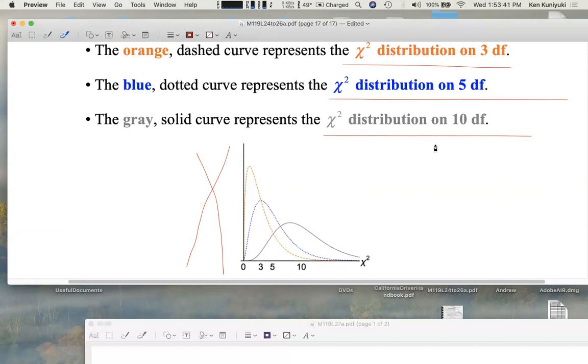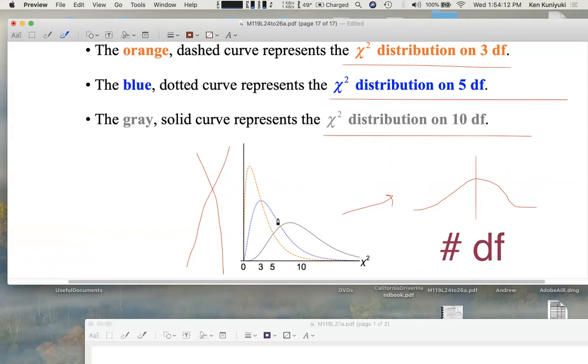You may be able to see that as the number of degrees of freedom increases, we're approaching more of a normal bell shape. But the mean cannot be at 0. In fact, the mean for a chi-square distribution is always at the number of degrees of freedom. So for example, if you have a chi-square distribution on 1,000 degrees of freedom, then the density curve will look almost normal bell-shaped. It'll look very close, and the mean will be 1,000, the number of degrees of freedom.